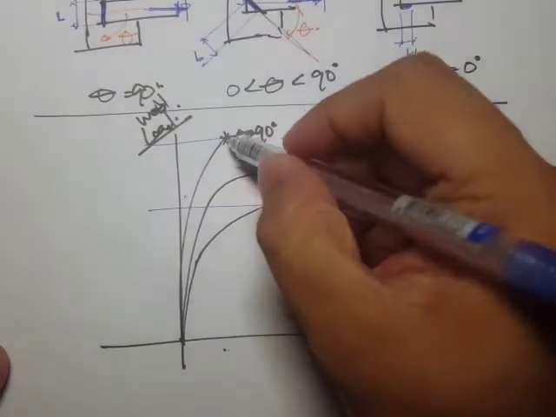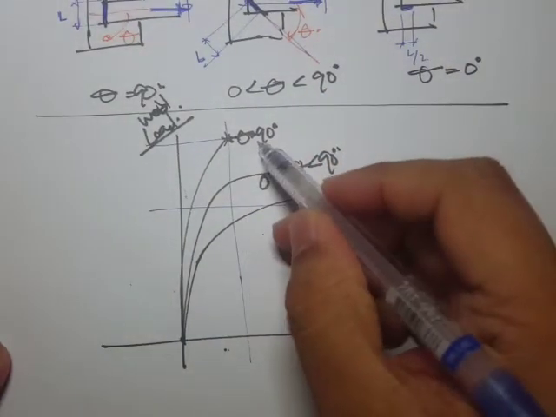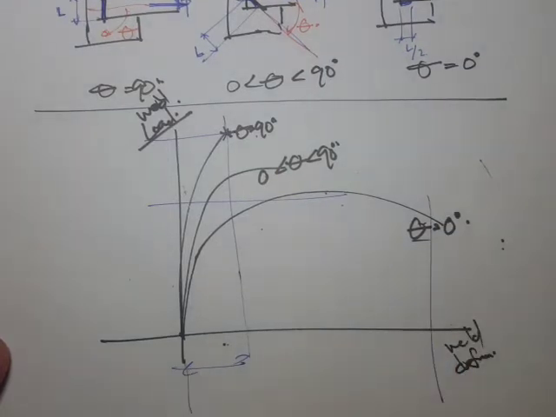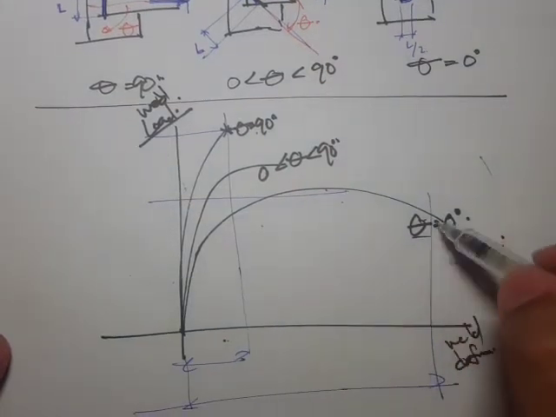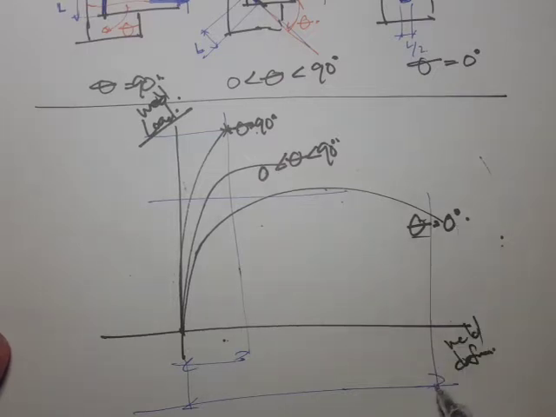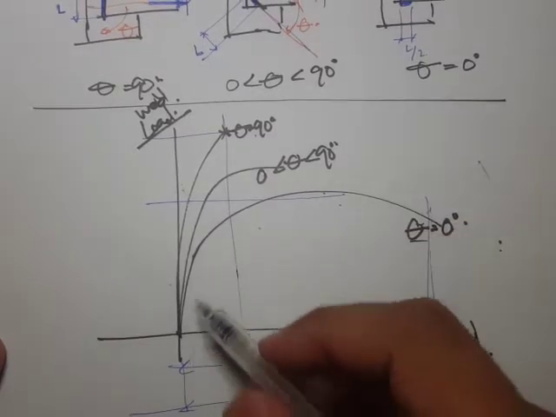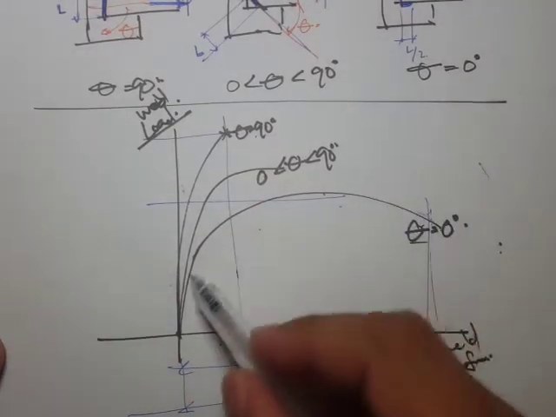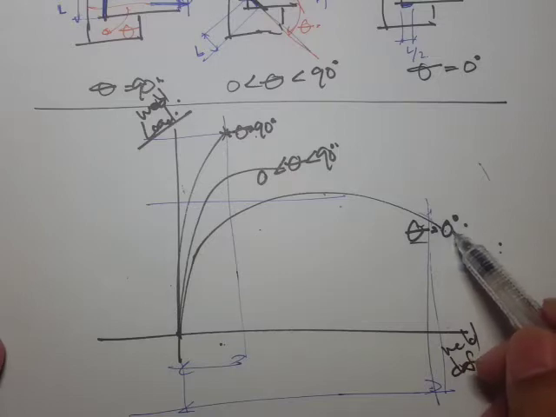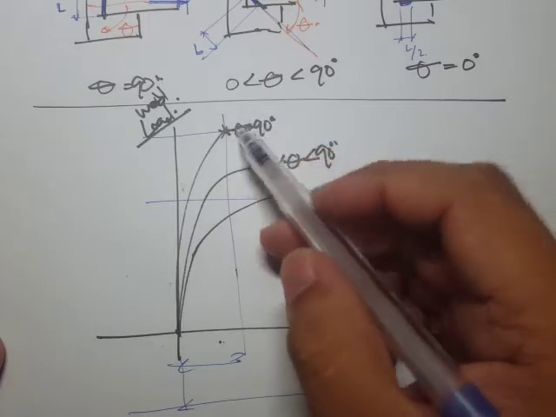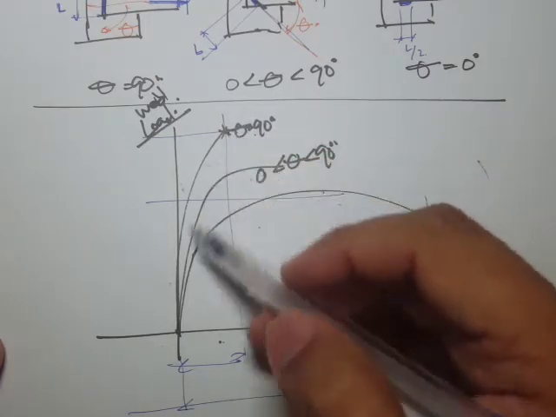But another thing to observe here is that for this 90-degree weld, we have this deformation, and this one for the 0 degrees, we also have this deformation, meaning again that we have a plastic deformation for a 0-degree weld, whereas here this is a brittle weld joint.